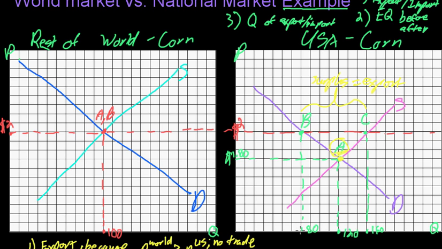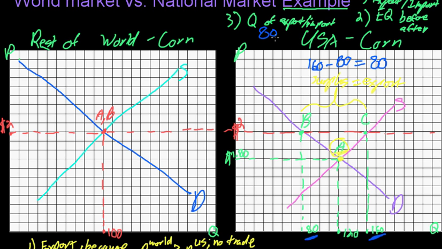So the difference between those two will be 160 minus 80, and that's just equal to 80. So the US will export 80 million heads of corn.